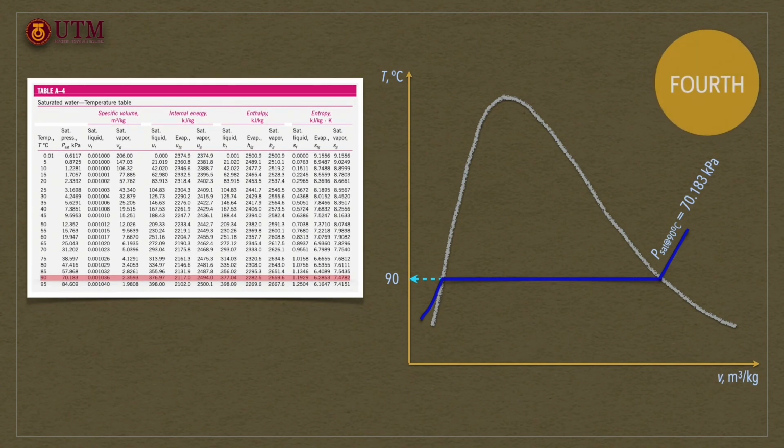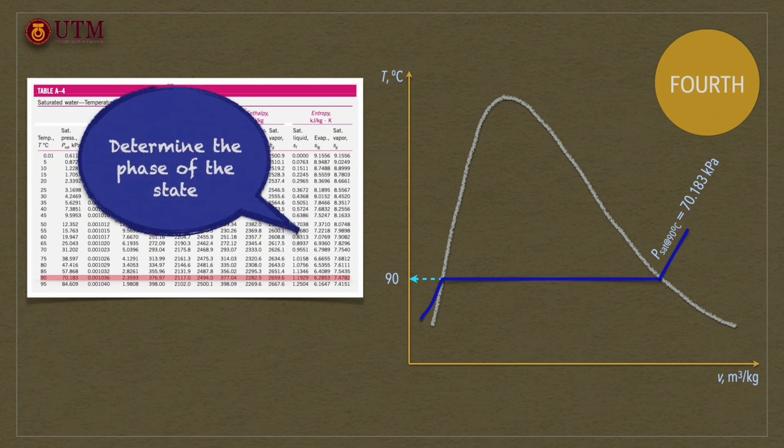Fourth, we determine the phase of the state through the property diagram that we had sketched earlier. Please note that the phase of any state can only be determined through the state postulate.